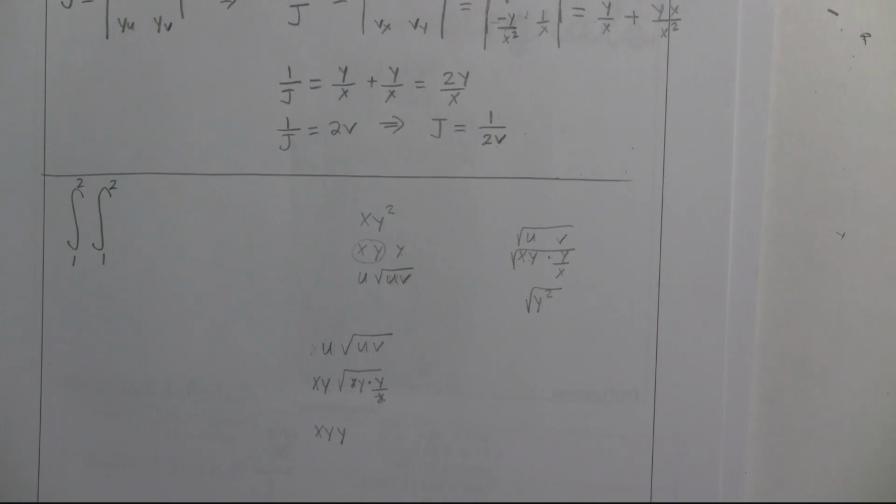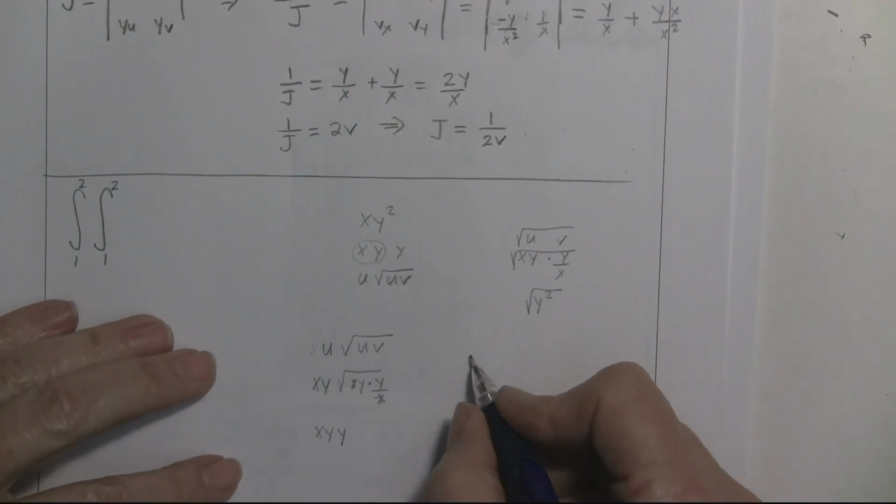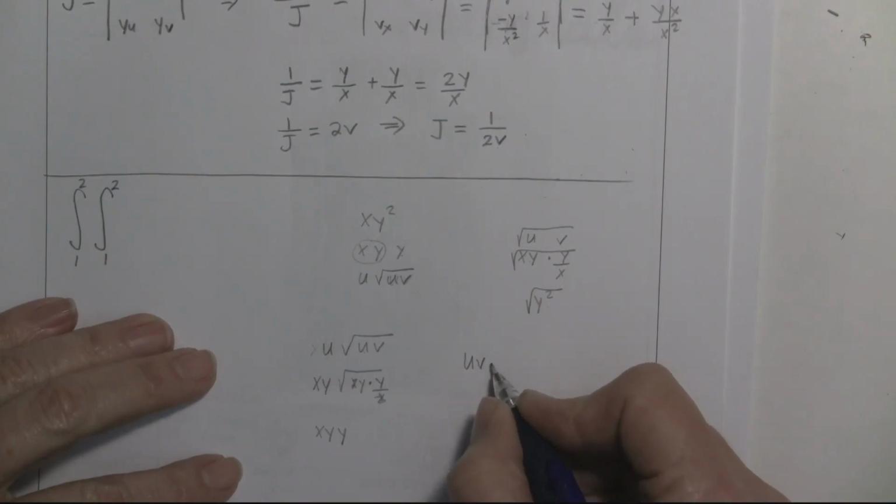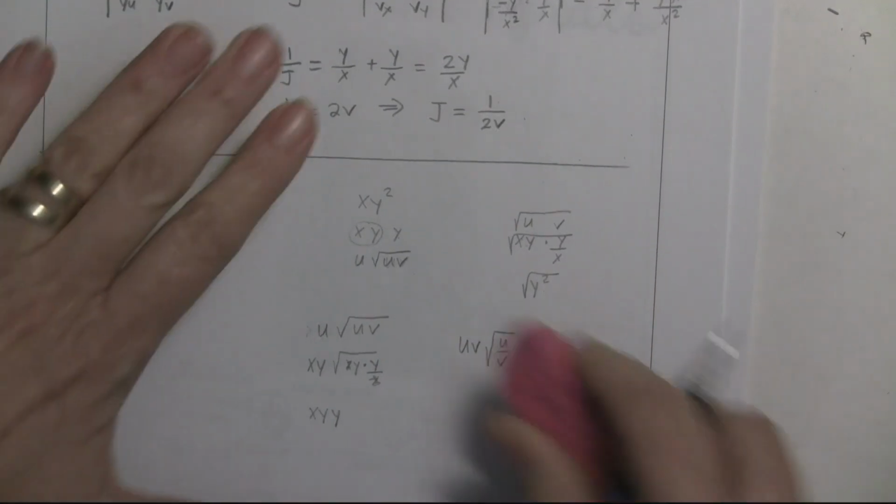Now, what I did before, I'm going to test it too, to make sure they both work, is I had UV and square root of U over V, which is what I did the last time.